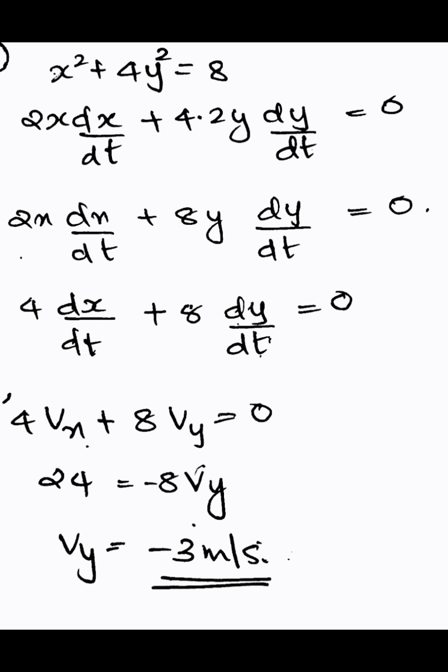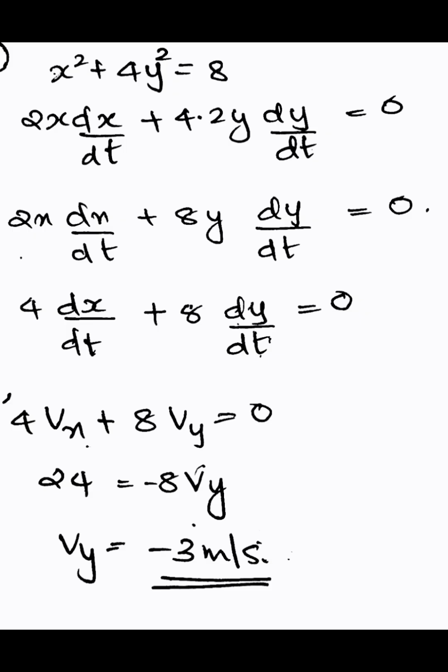So differentiating this, we get 2x dx by dt plus 4 into 2y into dy by dt is equal to 0. That is 2x dx by dt plus 8y dy by dt is equal to 0. Substituting the value of x is equal to 2 and y equal to 1 in this equation, we get 4 dx by dt plus 8 dy by dt is equal to 0.